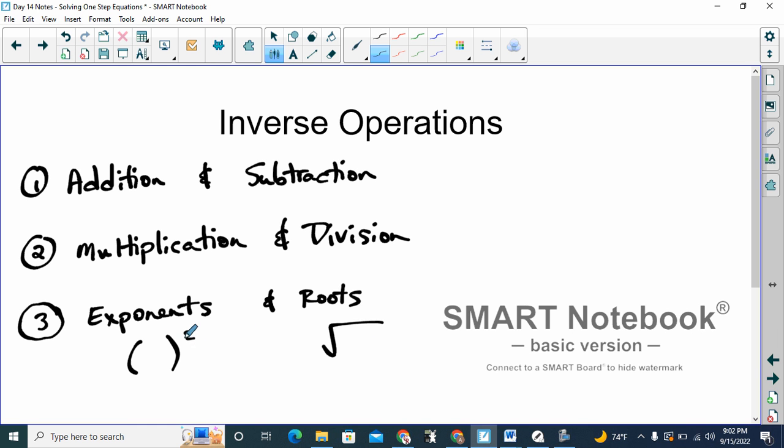Or if I cube something and cube root something, or raise something to the fourth power and take the fourth root of something. The two that we will be dealing with a lot are the top two. We won't be worrying about exponents and roots too much yet. But you should know addition and subtraction, multiplication and division. Those are a couple examples of inverse operations.